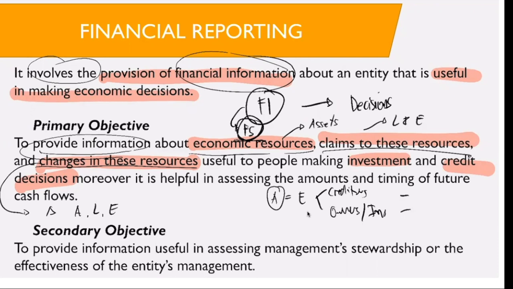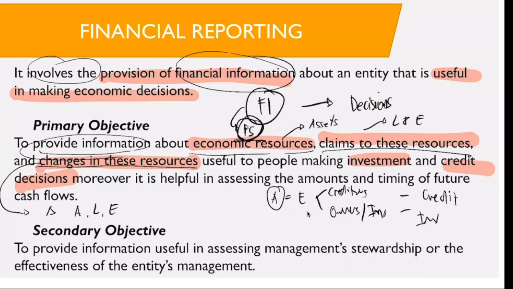These main users of financial information provided by your financial reporting, the creditors and owners or investors, will make decisions as to whether they will provide credit or provide additional investment. Either they will provide or will not provide, or will they invest or get their investment out of the company or firm.